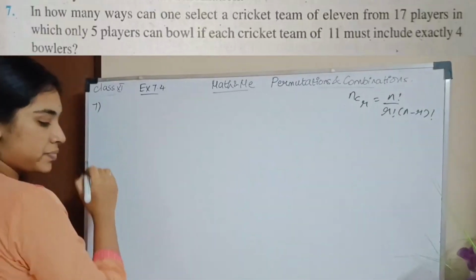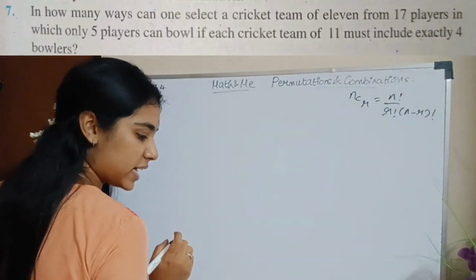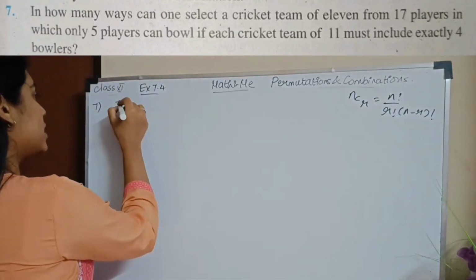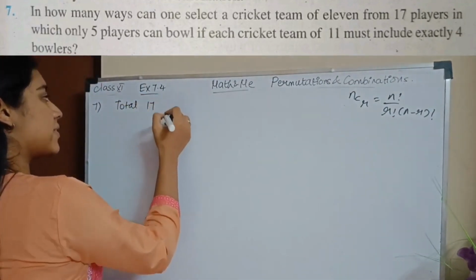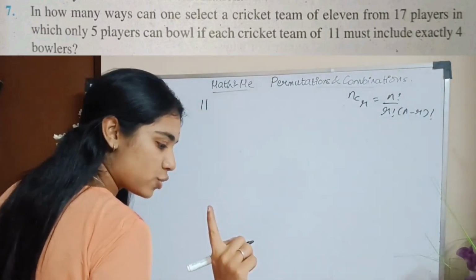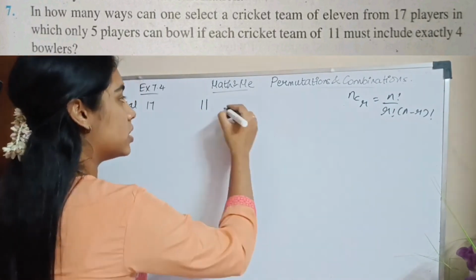Question number 7. In how many ways can one select a cricket team of 11 from 17 players? In total there are 17 players and I need to choose 11 players, in which only 5 players can bowl.